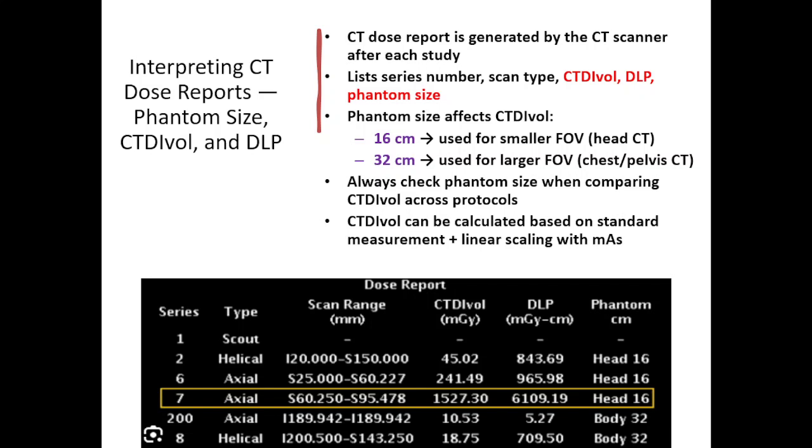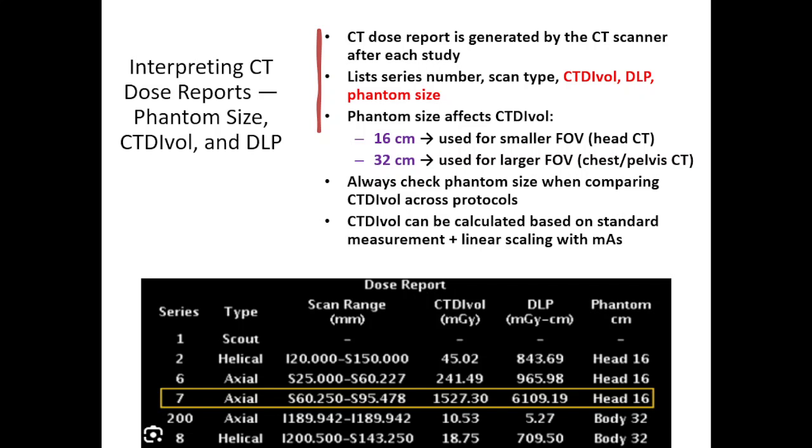It's very important to remember that phantom size affects CTDIvol. For head CTs, the scanner uses a 16 cm phantom. For chest or pelvis CTs, the scanner uses a 32 cm phantom. When comparing CTDIvol values across different scan types or protocols, you always need to check which phantom size was used. Otherwise, the values aren't directly comparable.